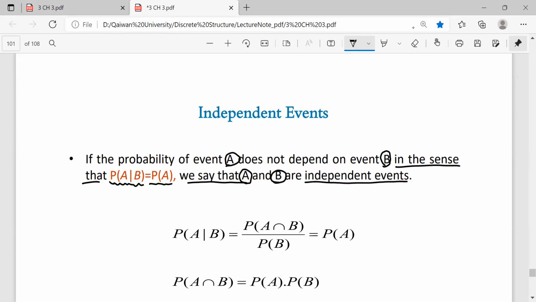If probability of A given B equals probability of A, we say A and B are independent.